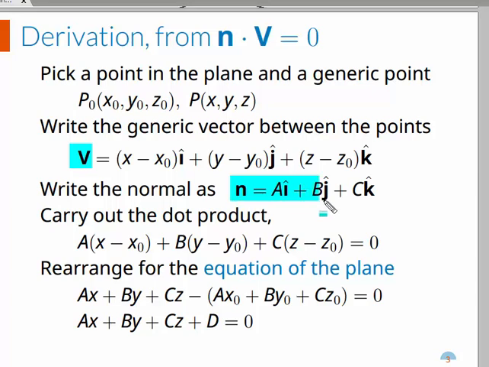And we said for this point, at this stage, we know the normal. Someone's given us the normal. Well, now, the normal is orthogonal. It's at right angles to the plane. It's at right angles to every vector in the plane. So if this vector v lies in the plane, that is, if x, y, and z is a point in the plane, then the dot product between the normal and this vector will be 0.